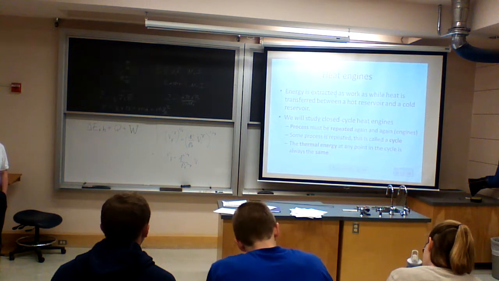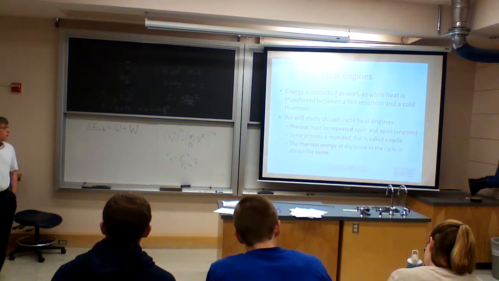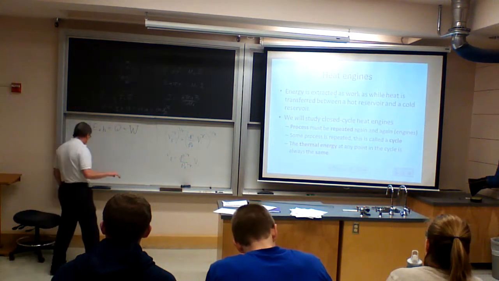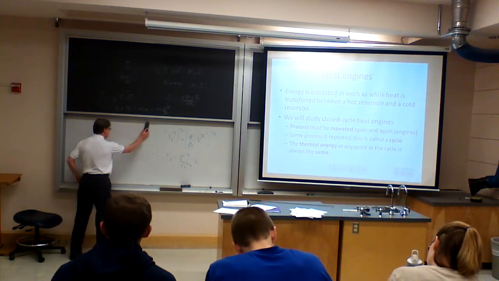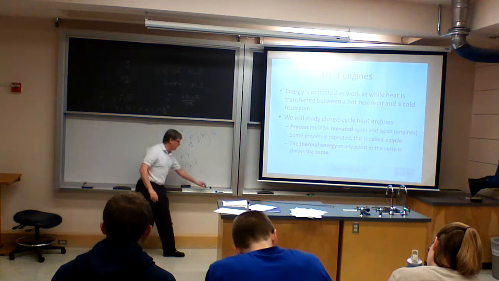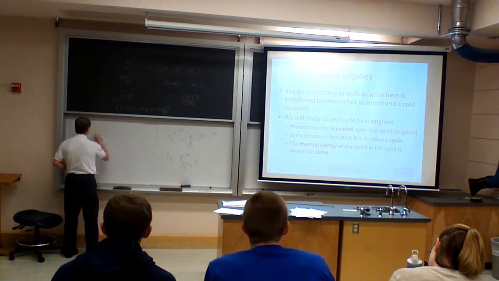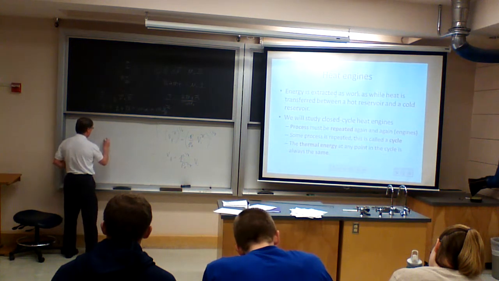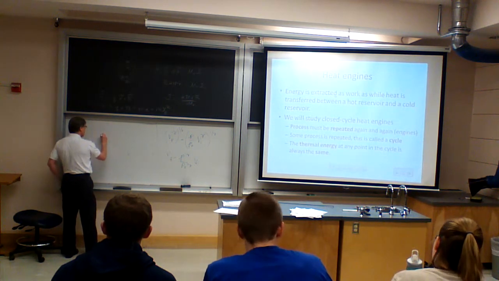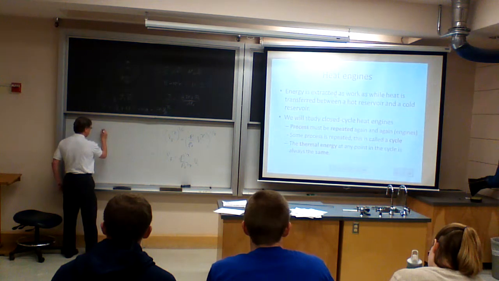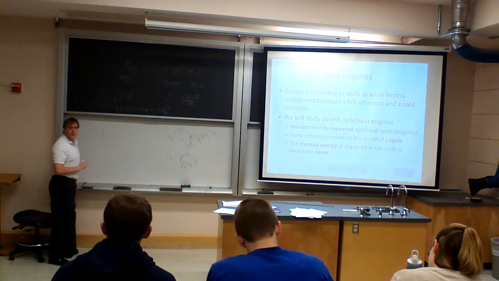Now, we will draw these cycles on our PV diagrams. A simple cycle might have an isochoric and isobaric process and maybe an isothermal process.